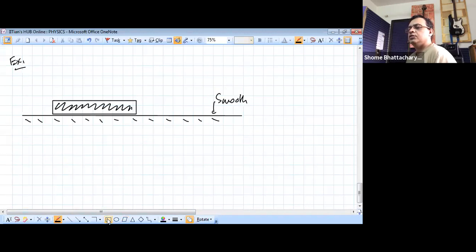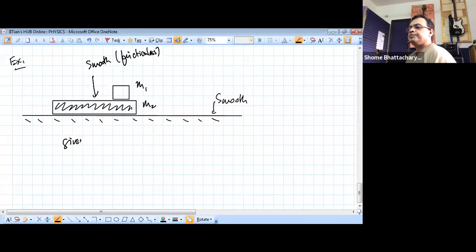And on top of this, we have kept a smaller block. So this block is of mass m1, this block is of mass m2, and this surface is also smooth. So there is no friction between m1 and m2, and there is no friction between m2 and the floor also.